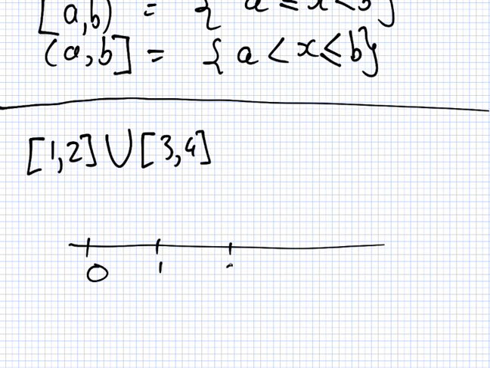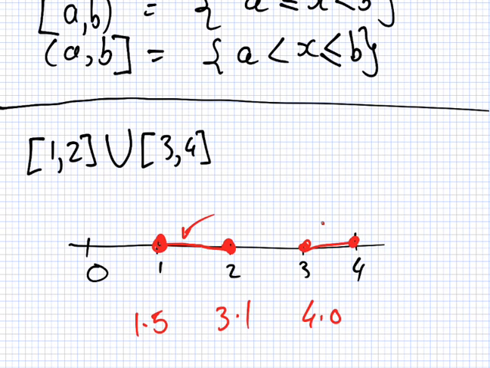The numbers from 1 to 2, including 1 and 2, and then also union numbers 3 to 4, including 3 and 4. So like 1.5, 3.1, 4.0, numbers in here or in here. That's what this means. This is called union.